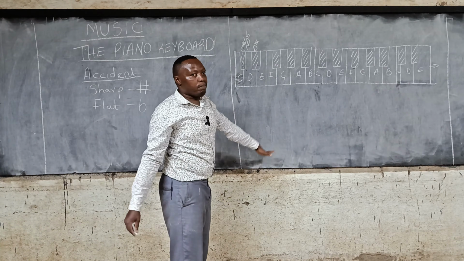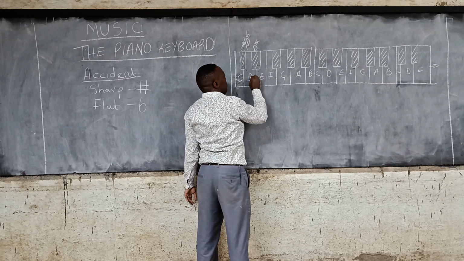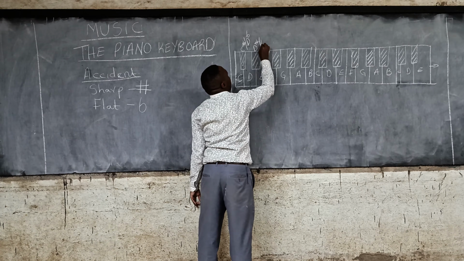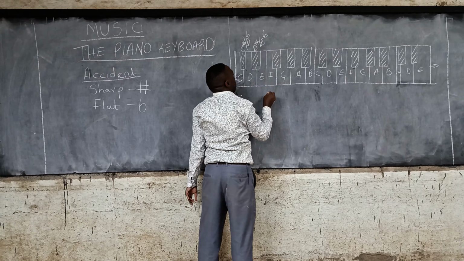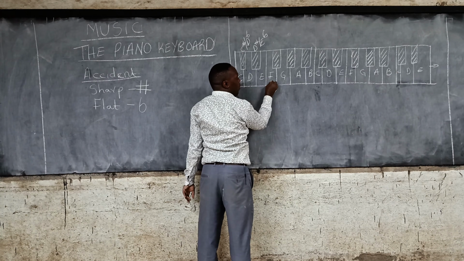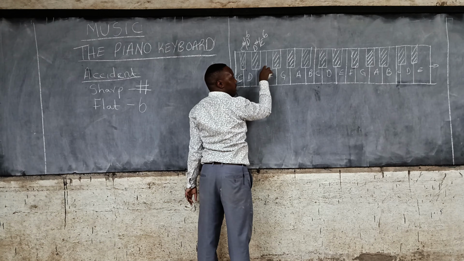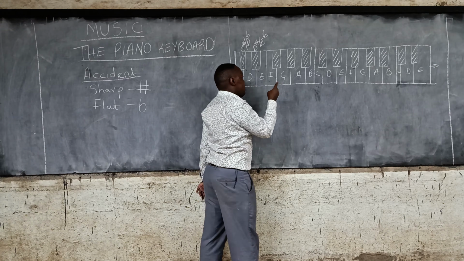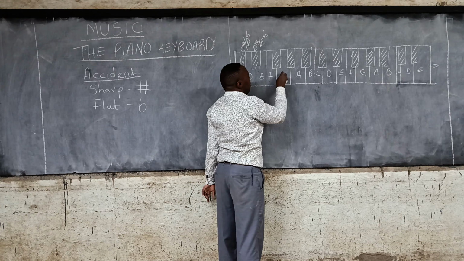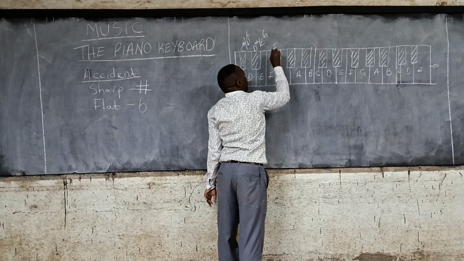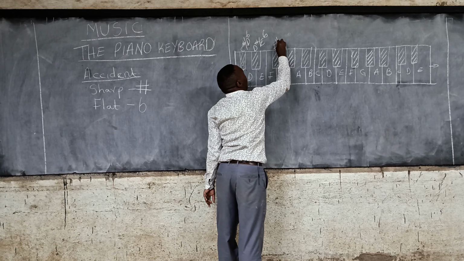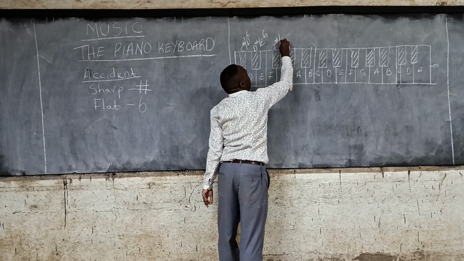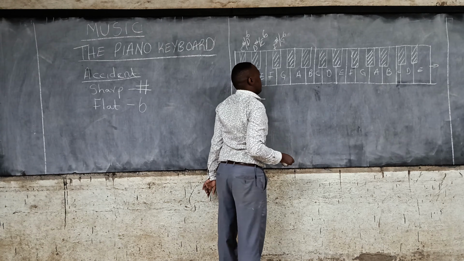Now I want to label everything. If this is D sharp, this coming back here will be E flat. Then from E to F, there is no black key here, which makes it a semitone. Then from F to G, there will be F sharp, or G going back here, it will be G flat.